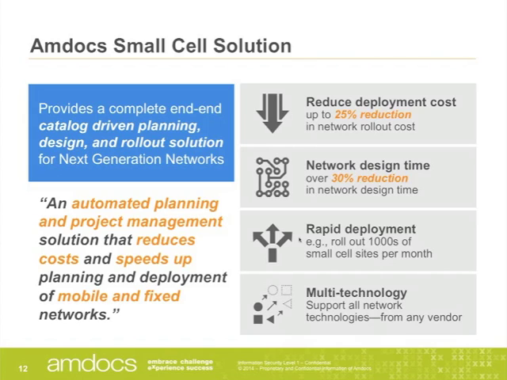So it's not only about the small cells, but it's also about the backhaul and how to connect those up, how to manage the Ethernet connection across the backhaul, and it can be applied to other networks as well. It reduces the deployment costs by up to 25% on average, and it can reduce the network design time by more than 30%.